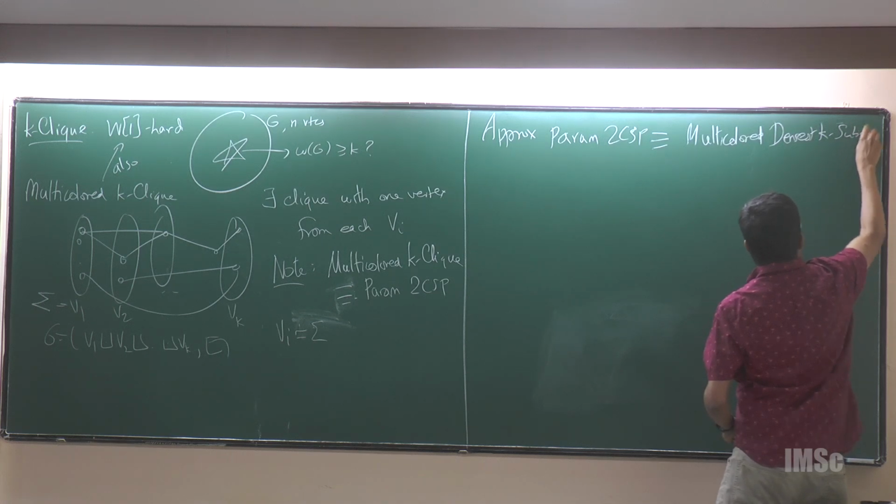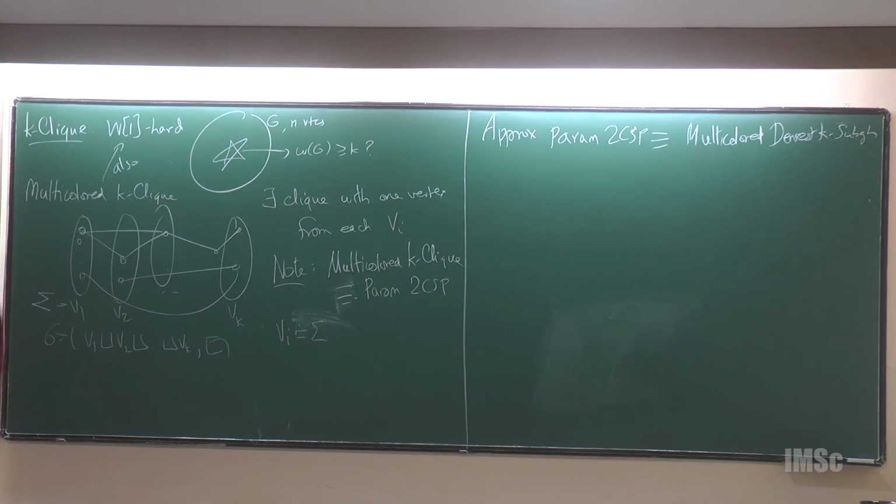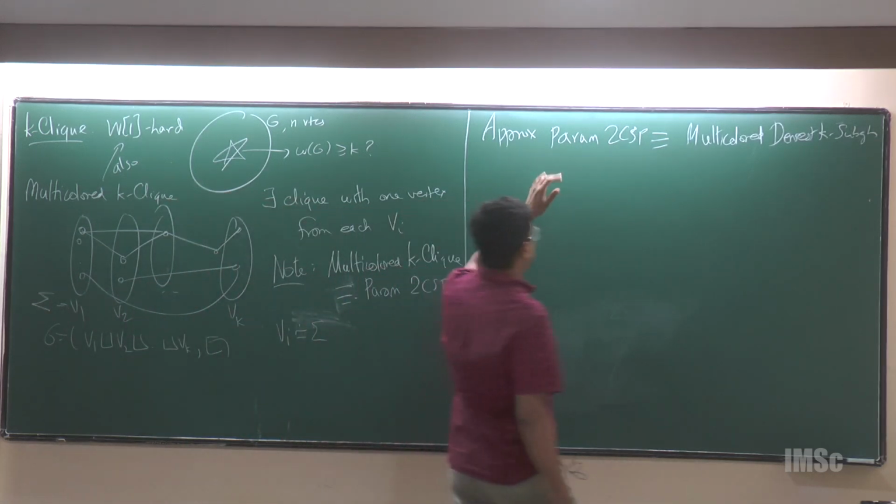So another classic problem: how do you pick k vertices in a graph so that maybe you don't get a clique, but you want to pick as many edges inside that set as you can. And that problem is well defined. That is the 2CSP problem where it may not be satisfiable, and that's what approximate parameterized 2CSP is.